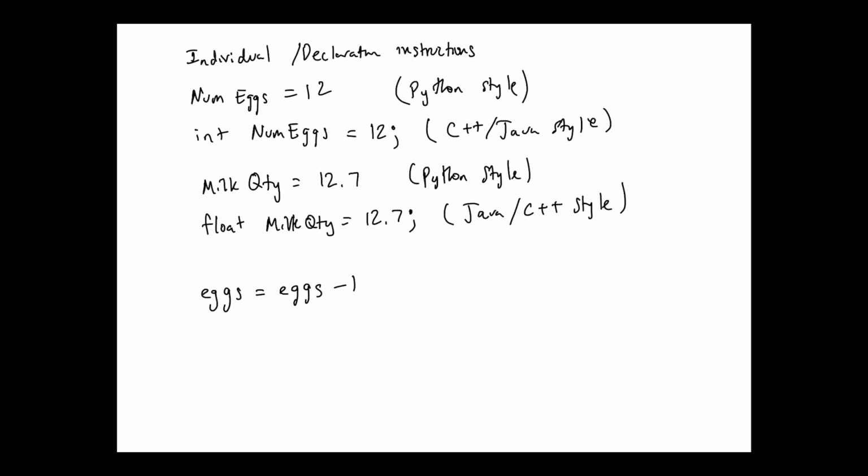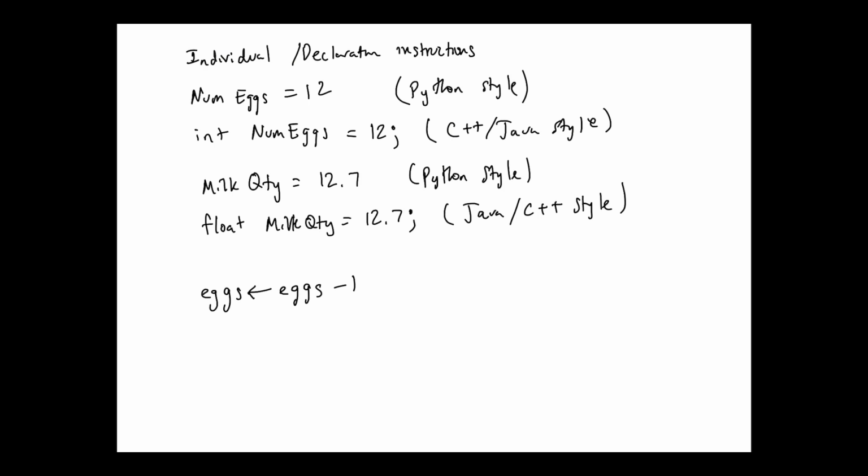Sometimes in text you'll see this written with an arrow. Let's say the number of eggs is 12. What's that minus 1? 11 is now the new value of the variable eggs.